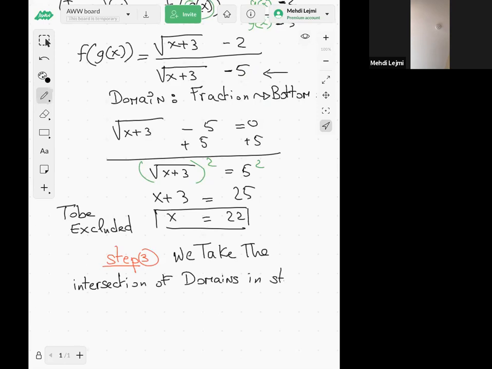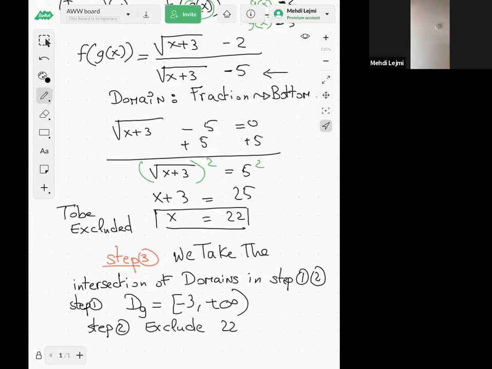Step 1, that's the domain of G, right? That's this -3 to positive infinity. And in step 2, we said we have to exclude the 22.